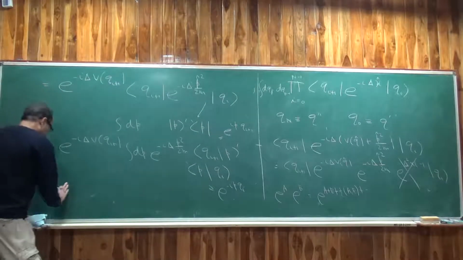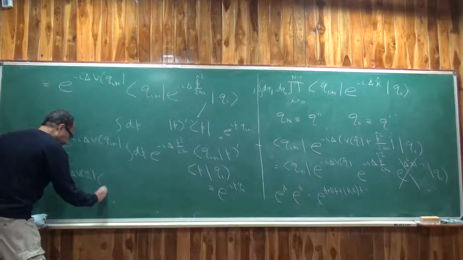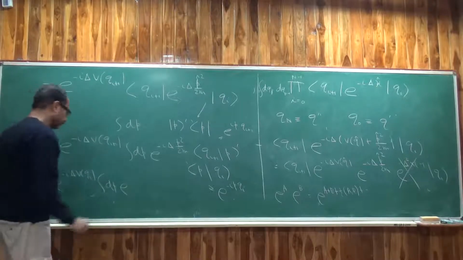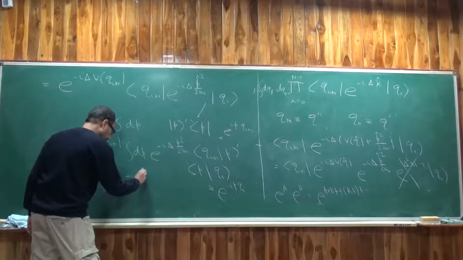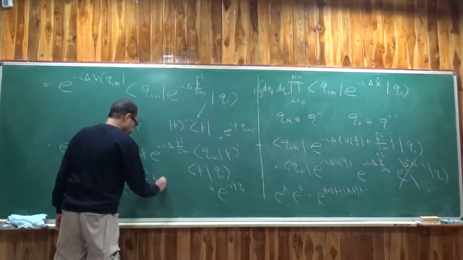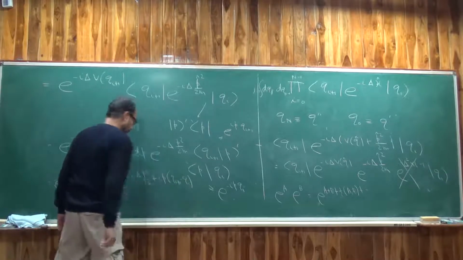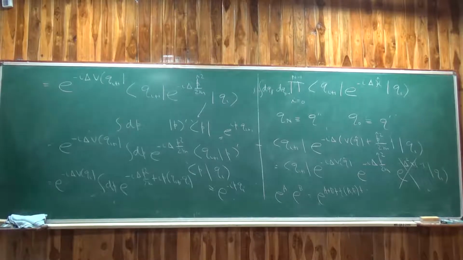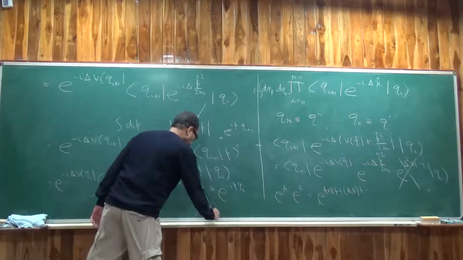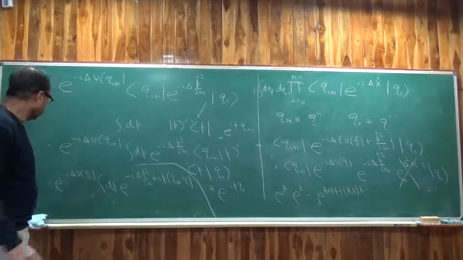Right, so this becomes e to the power minus i delta V of q i plus 1, integral dp. Yes, q i plus 1, the first factor. Oh yeah, thank you.